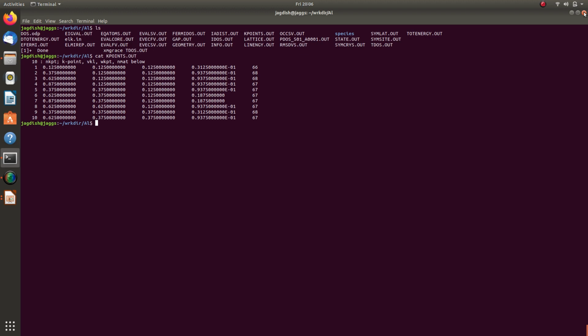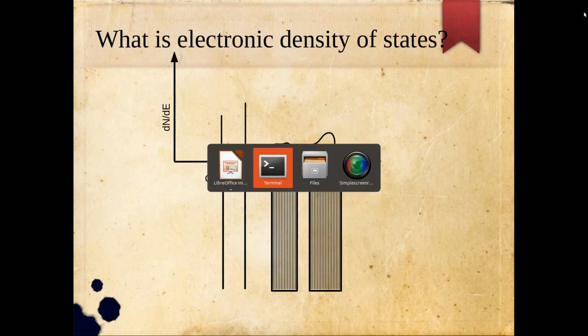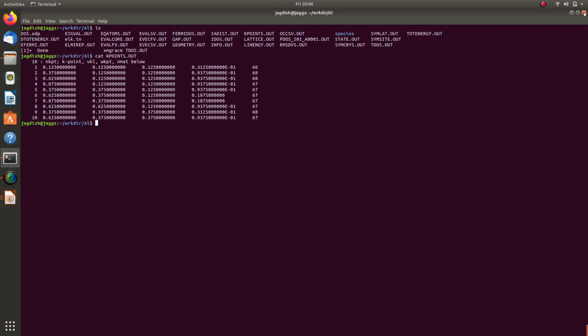But we should also check convergence of the specific property we are calculating with respect to k points. Sometimes energy is reasonably converged, but other properties, like optical properties, need a very dense number of k points. So even for electronic density of states, we will check the effect of k points, to ensure that we have taken a sufficient number of k points.